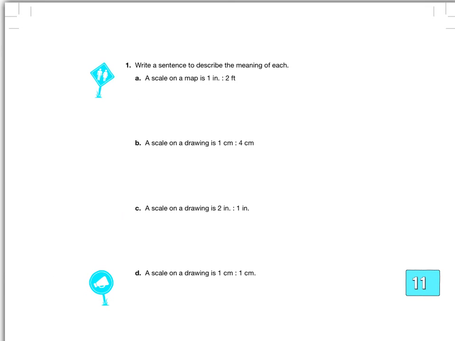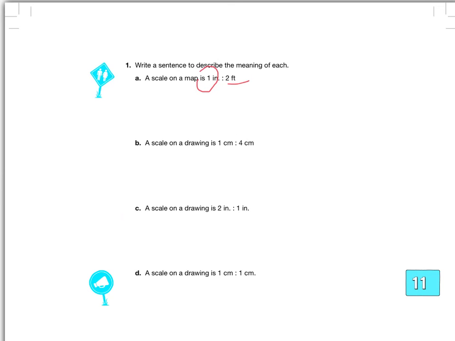Okay, ladies and gentlemen, now we're on page 565. It says, write a sentence to describe the meaning of each. So, if we have the scale on a map is 1 inch to 2 feet.